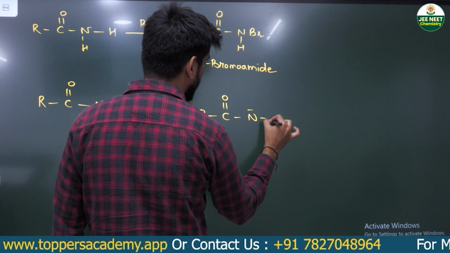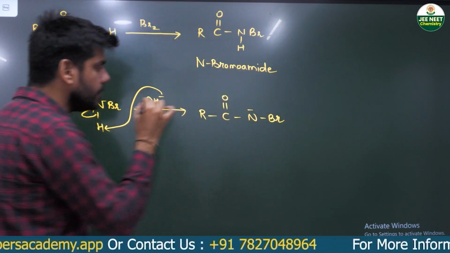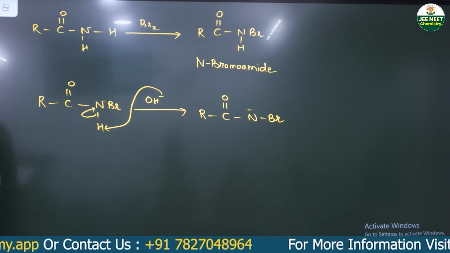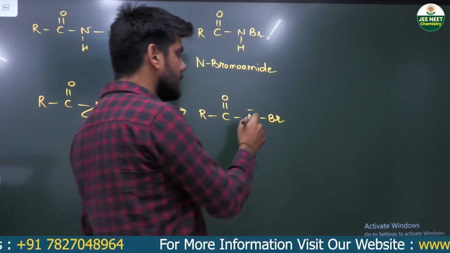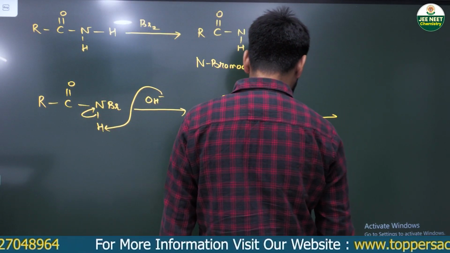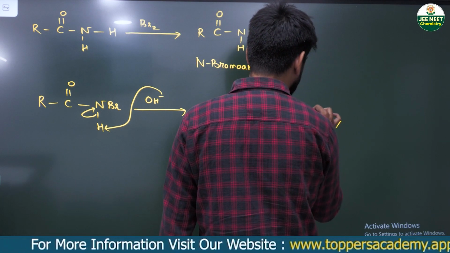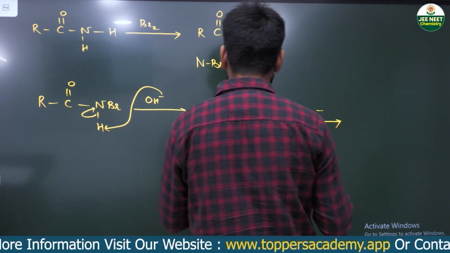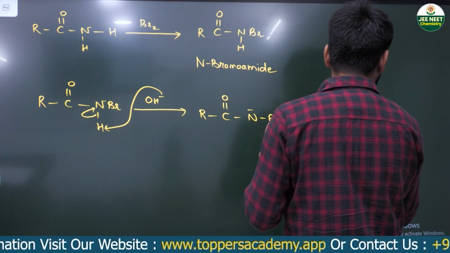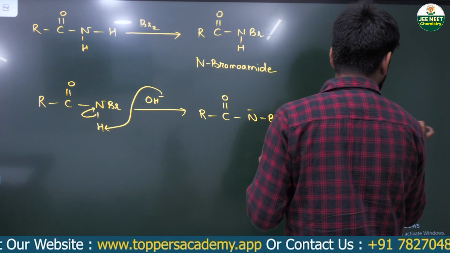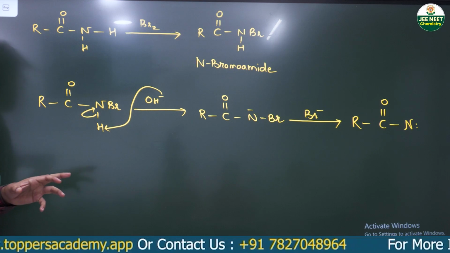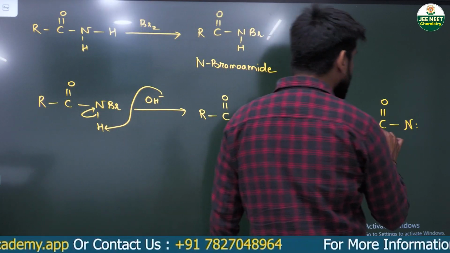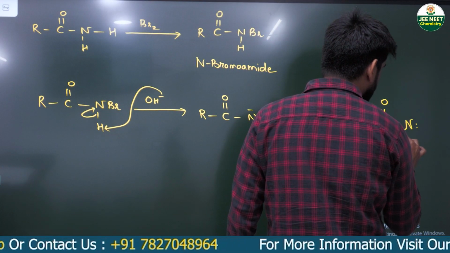Now what will happen in the next step? This Br leaves in the form of Br minus. So what do I have? R, C double bond O, N with a lone pair of electrons. This is your acyl nitrene.